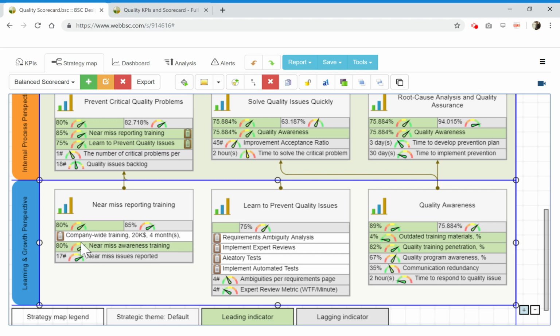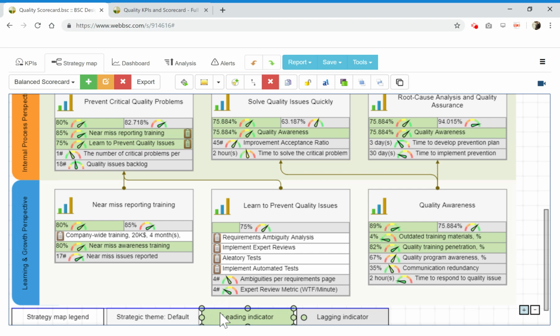The green block stands for leading indicators. You have a leading indicator that is aligned with this goal. The gray line is explained here in the legend. It is a lagging indicator for this goal. So we're always looking at certain indicators in the context of this goal.